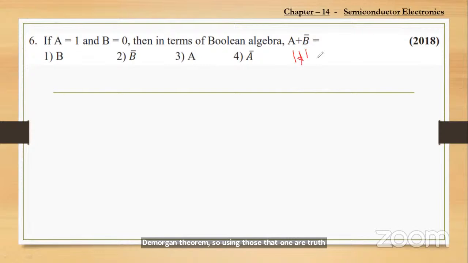Using that, you can consider 1 plus 1. Plus means it is an OR gate. So 1 and 1 in an OR gate gives output 1. So that means there is no A bar. So the answer will be option 3. The third option is the right answer.